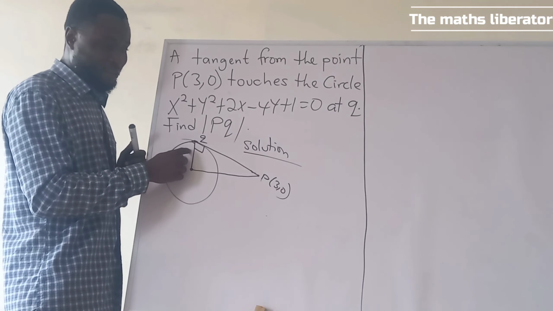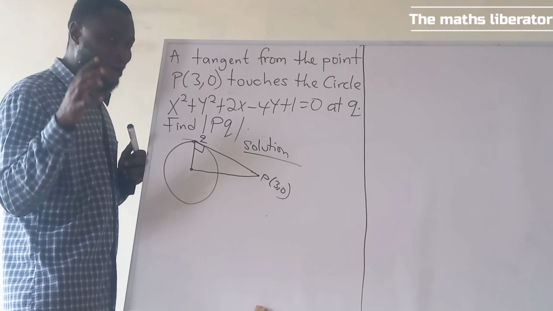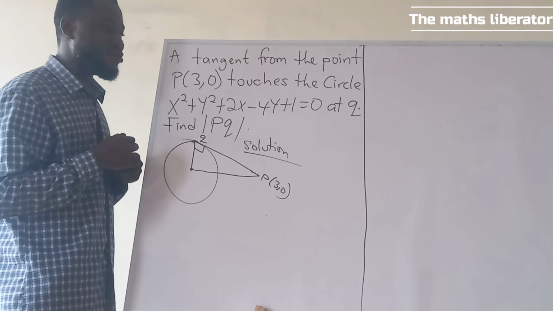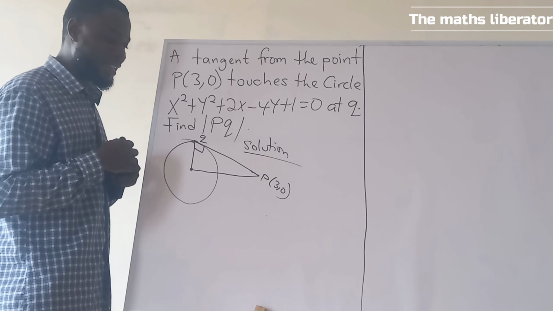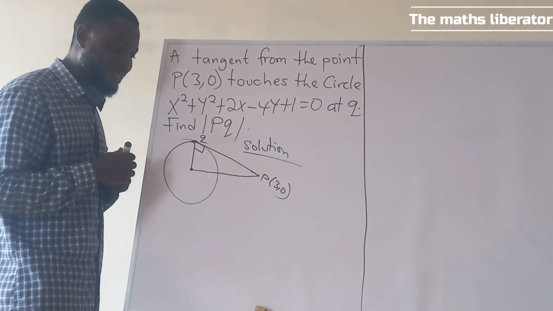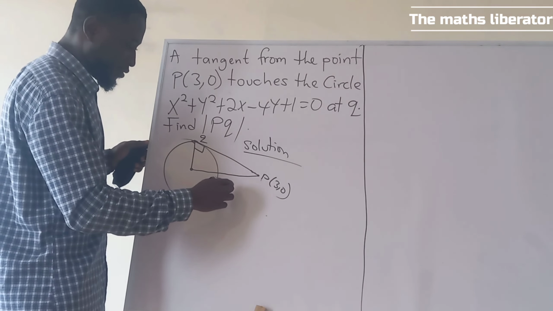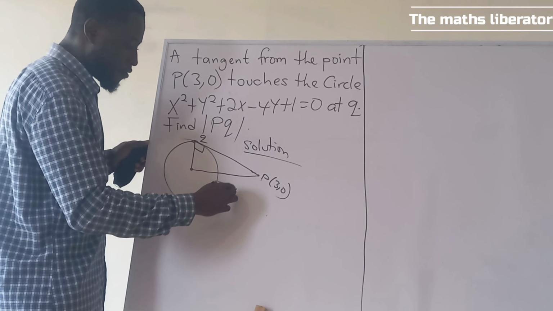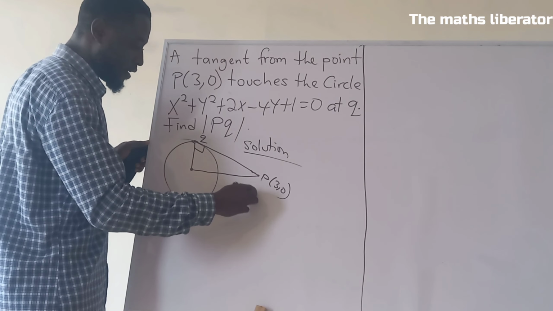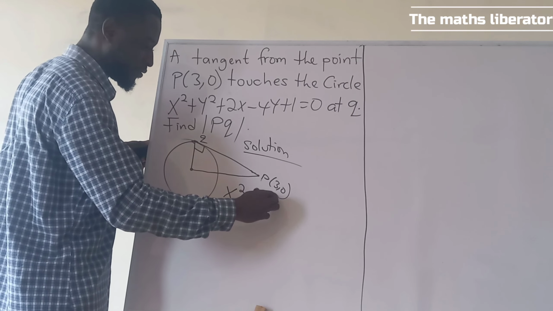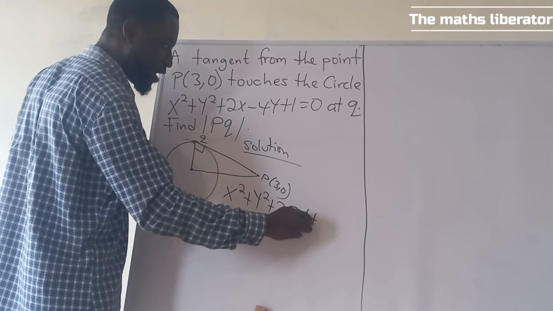So I have to get the radius. How will I do that? I'll get it from the equation of the circle being given. So let's start with the radius. I write the equation of the circle which is being given. That's my first move.